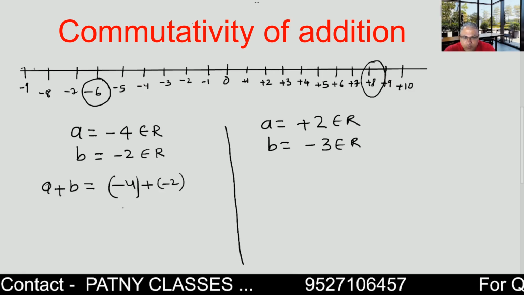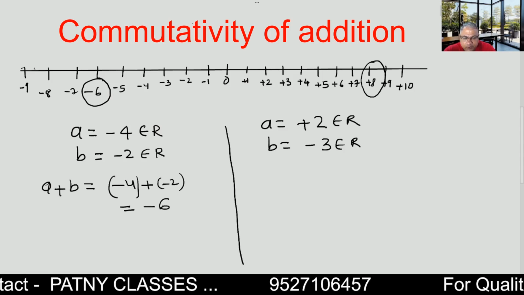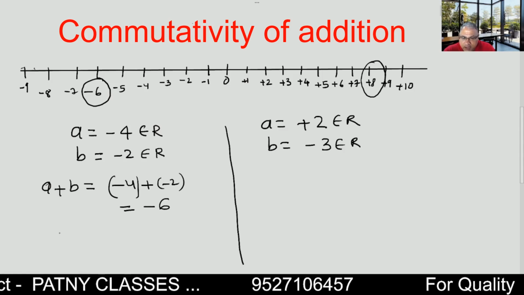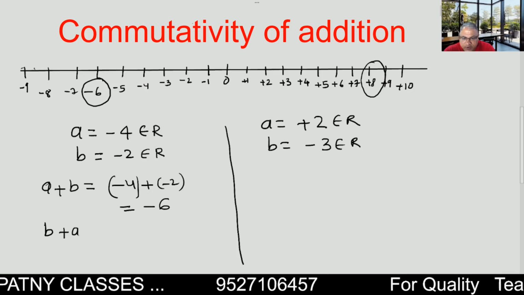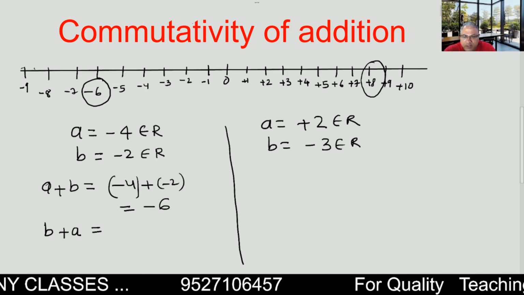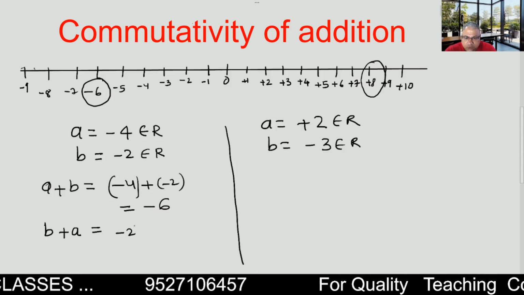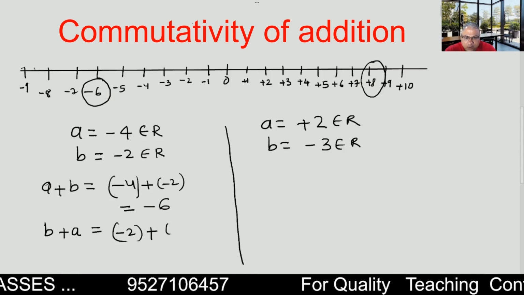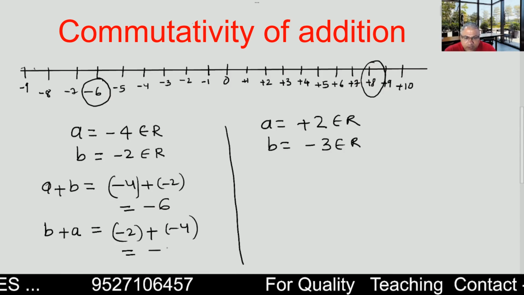If we add both negative numbers, addition of negative numbers is always negative, so we get minus 6. And if we reverse the addition, that is B plus A, instead of A plus B, that is minus 2 added to minus 4. Again, addition of two negative numbers is negative.